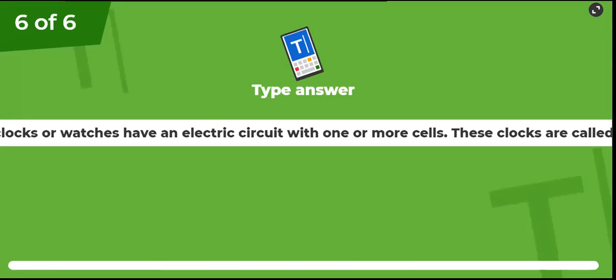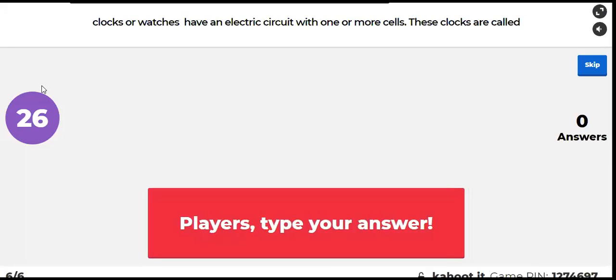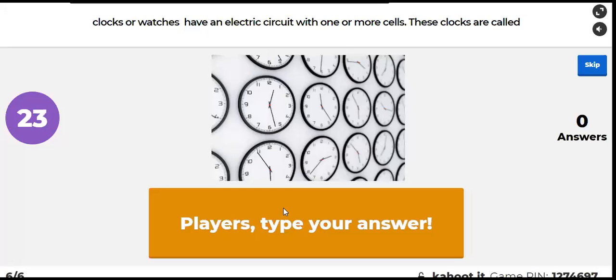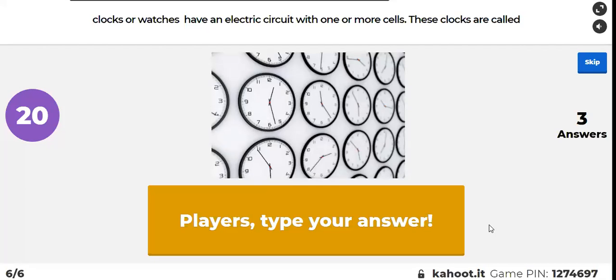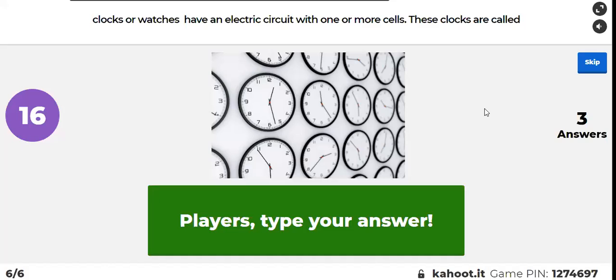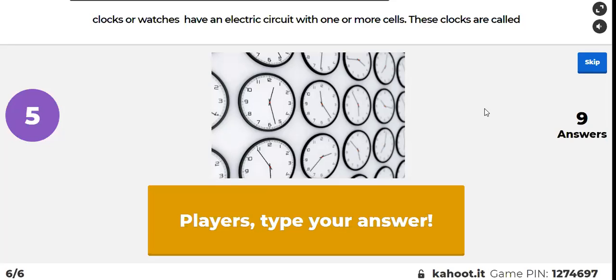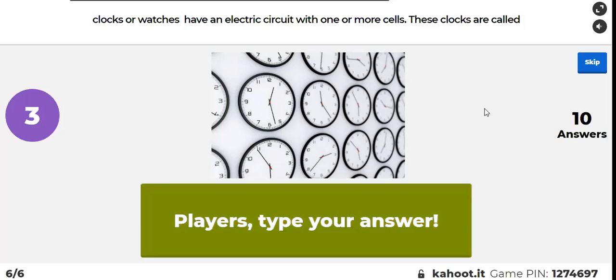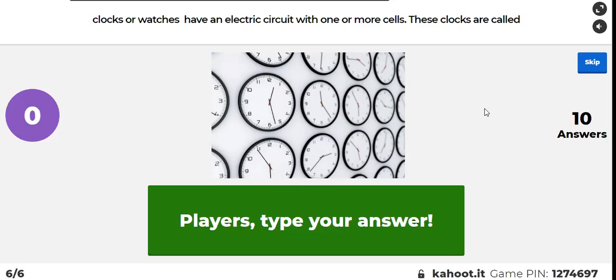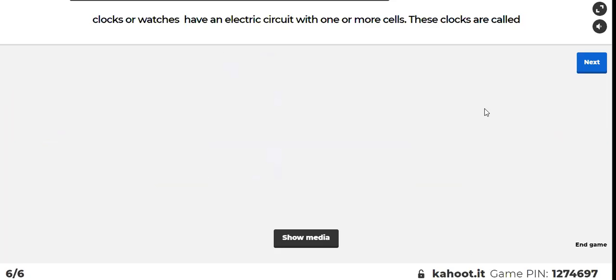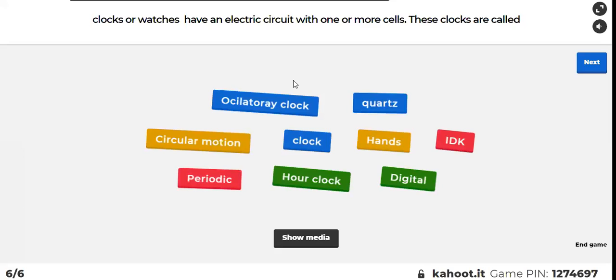These clocks are digital clocks, right? Digital clock.